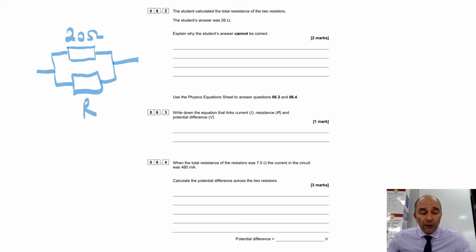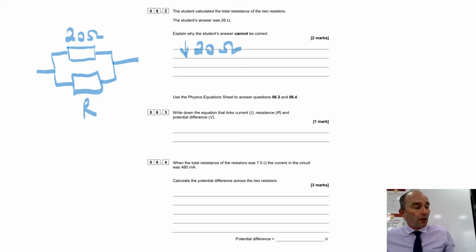So the only thing we know for sure is that the total resistance has to be less than 20 ohms in this circuit. The reason, as I've just said, is that the total resistance of resistors in parallel is always less than the resistance of the smallest resistor. Therefore, it has to be less than 20 ohms.